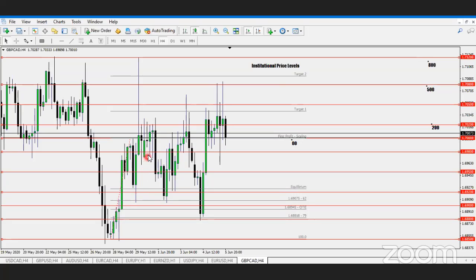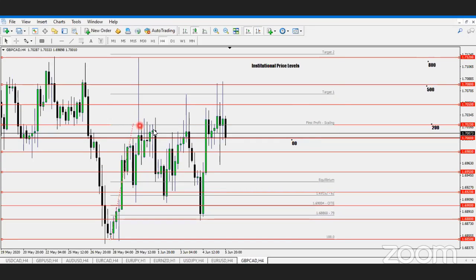And you can see price is consistently tagging these areas because price, you can see if I move my fibs now, so their price again rejects at this level, which is the 200 institutional level.